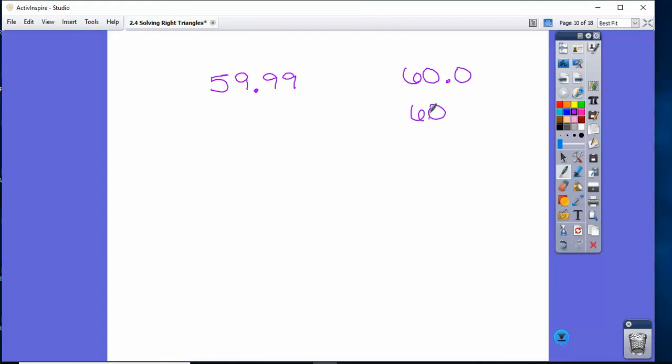That's 1. But 60.0 is 3. If it's impossible to give the exact number of significant digits you need, you go with less. So if I want 2 significant digits, I would be forced to use the 60, which only has 1. Does that make sense? So sometimes due to rounding, it's impossible to give it to the exact number. Go smaller, not bigger. All right, any questions about those?